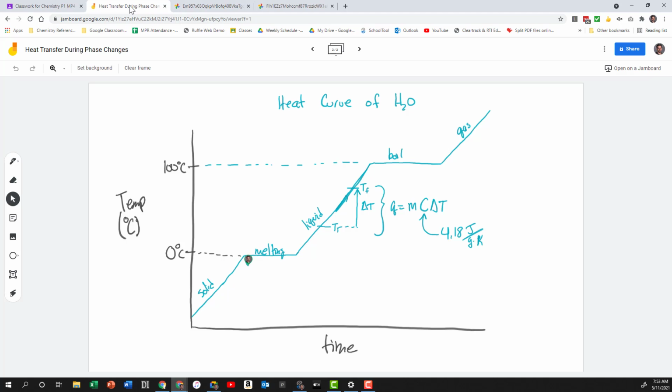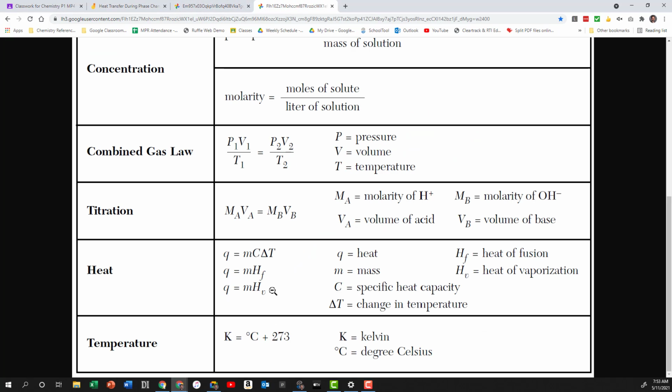And so, in this first phase change, we have Q is equal to mass times the heat of fusion. And up here, we have Q is equal to mass times the heat of vaporization. You can see both of those equations right here: mass times heat of fusion, mass times heat of vaporization.